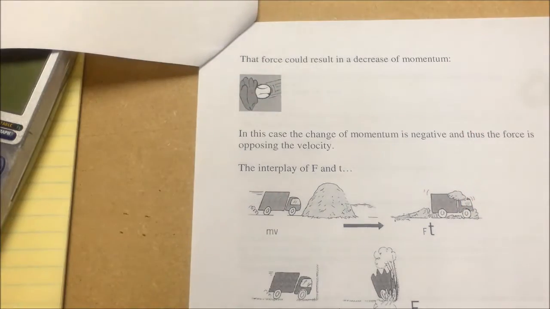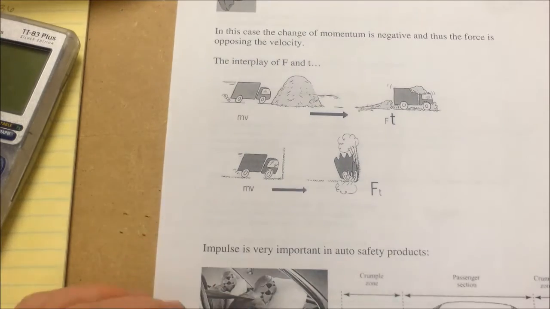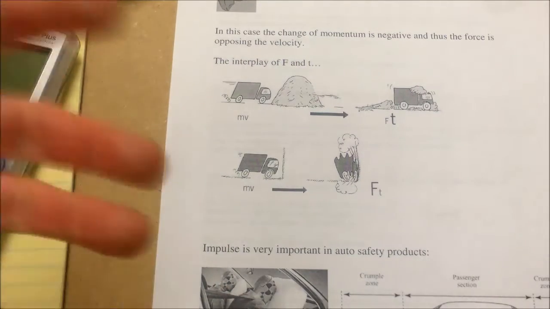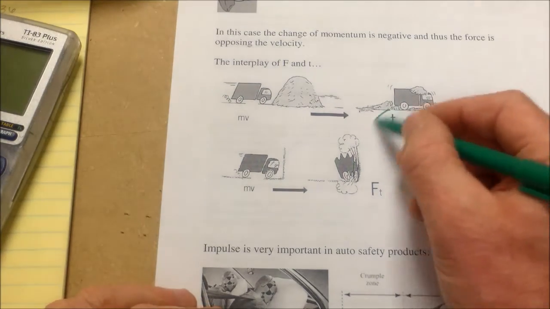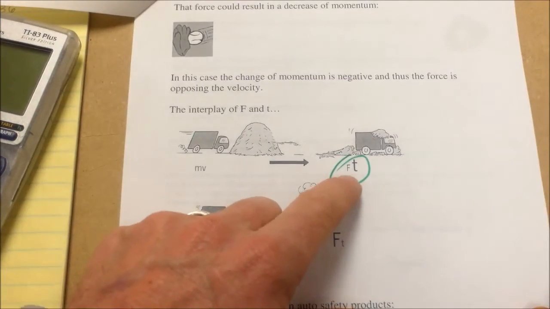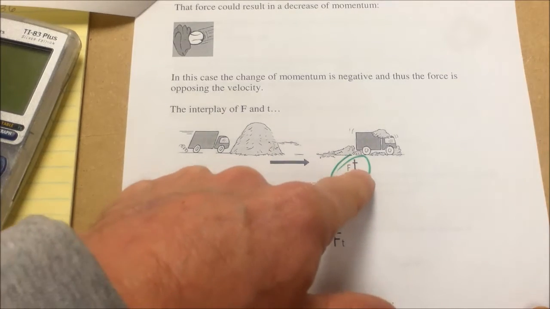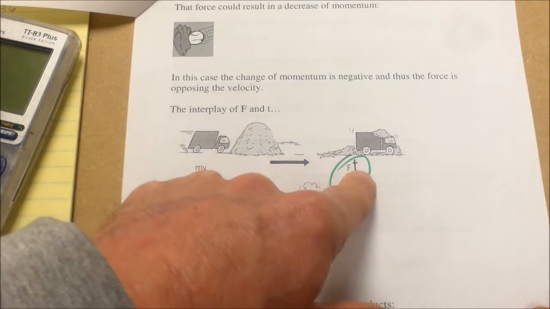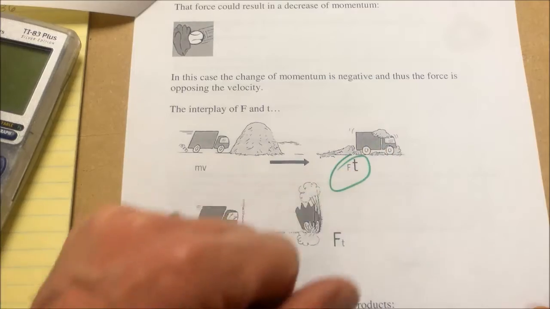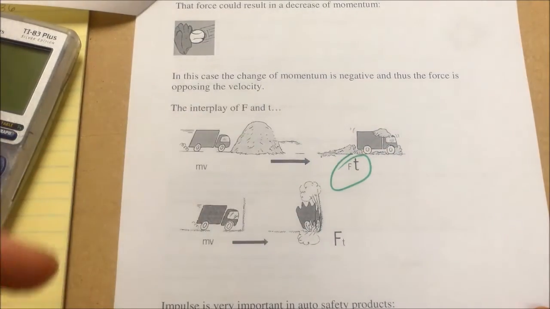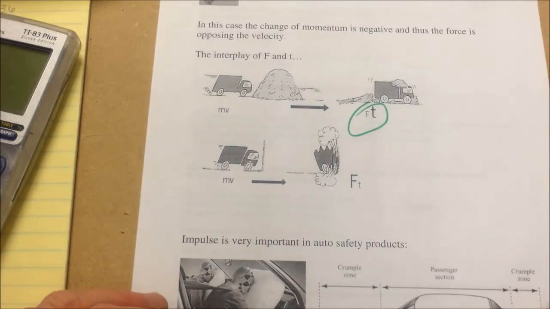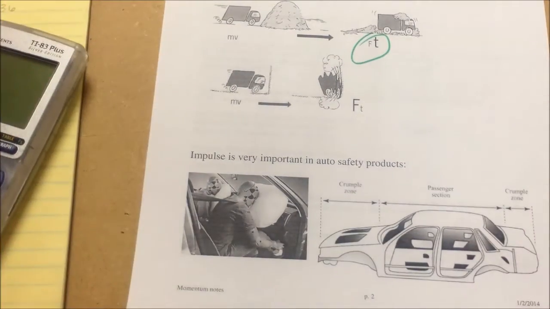That was important for car safety and things developed on cars like airbags. If we keep the time greater on that object that the force is acting, we can make that force smaller. And having smaller forces is better when we're talking about people, for example, or automobile wrecks.